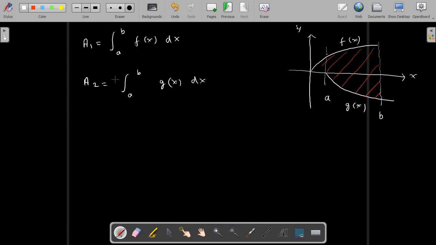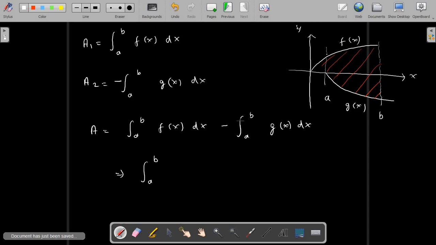That's negative, right? So we will write that A will be equal to the integral from a to b of f(x) dx minus the integral from a to b of g(x) dx. Since the limits are the same and the dx is the same, can we write it as the integral from a to b of (f(x) minus g(x)) dx?